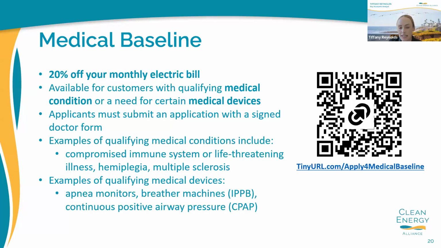Last, for the state assistance programs, there's Medical Baseline, and this is 20% off your monthly electric bill. Medical Baseline is available for customers with a qualifying medical condition or a need for certain medical devices. And a lot of times when we're out in the community, folks don't even know that their medical device is a qualifying medical device.